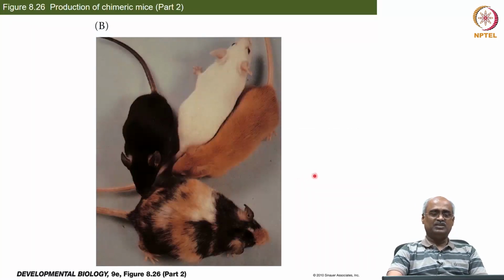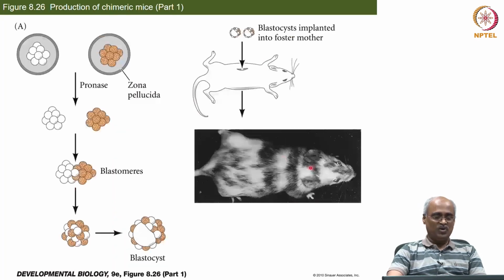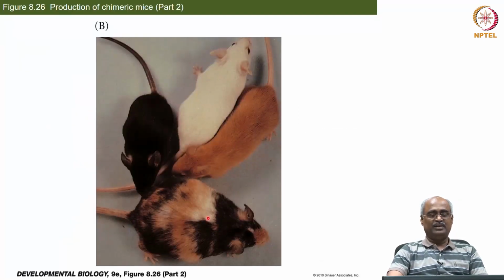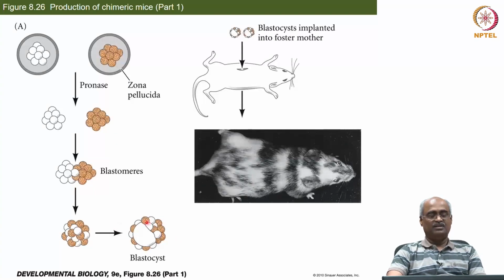So, in this experiment actually 3 different pigmented morulas were taken and fused into one, and they form 3 different colors. You see white and this brown and then the black, all 3 mosaics. And these cells contributed to the germline as well.